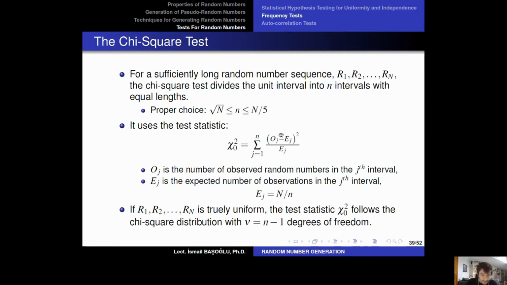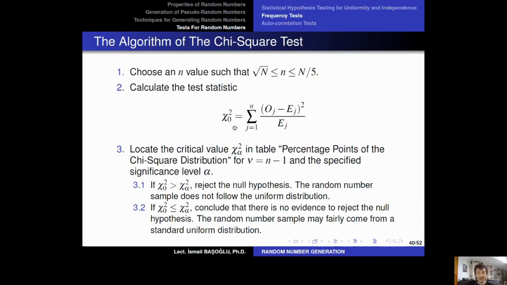And finally, you sum these values up, and the summation of these values will produce a test statistic, and theoretically the sum of the squared deviations divided by the expected frequency is called a chi-square random variable. And this chi-square random variable is going to follow a chi-square distribution with degrees of freedom n minus 1. n is the number of subintervals, and you are decreasing the number of subintervals by 1, and you are determining your degrees of freedom here.